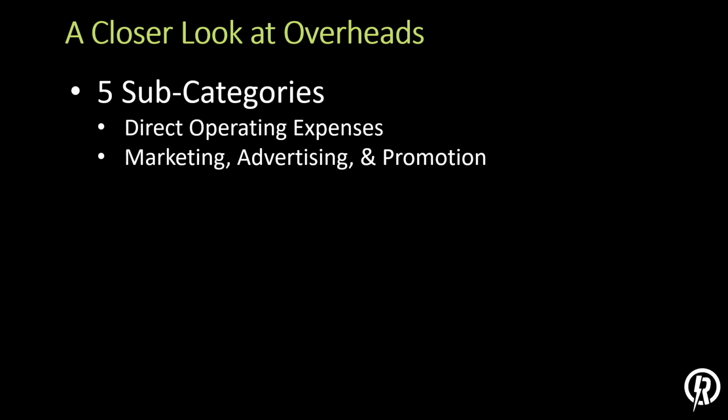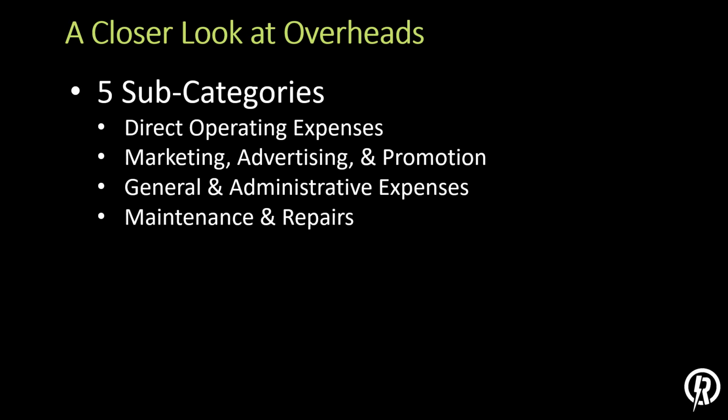We're going to look at each of these in detail and tell you what's in each category, and it'll all make sense at that point. Then next, general and administrative expenses. Sometimes those are called G&A, for general and administrative. Next, maintenance and repairs. And then finally, occupancy. So these are our 5 categories of overhead expenses.